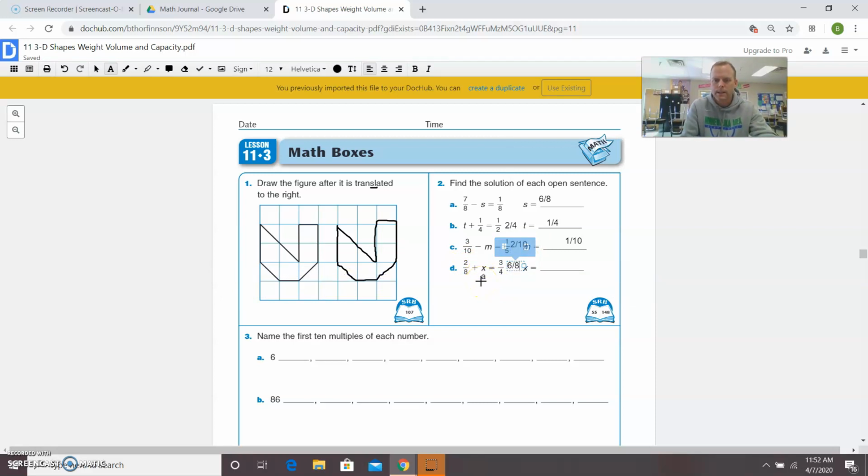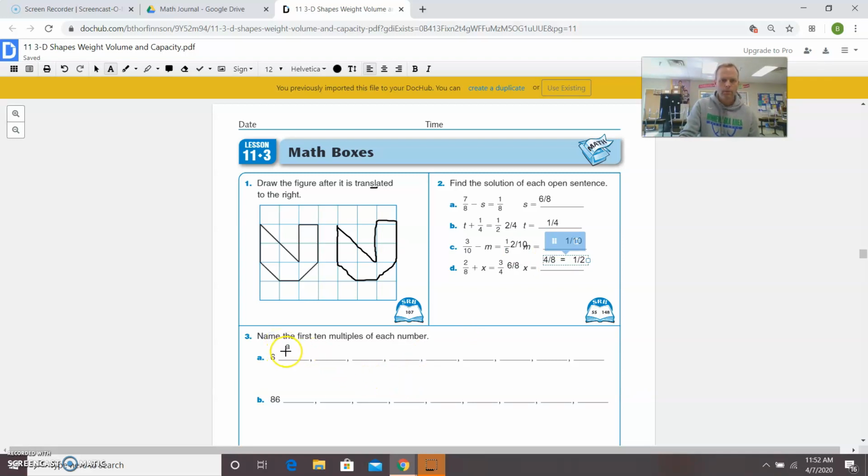Our denominators are the same, we don't mess with that. Our numerator, though, 2 plus 4 is 6. So 4/8. 4/8 is the same as, which equals, half.